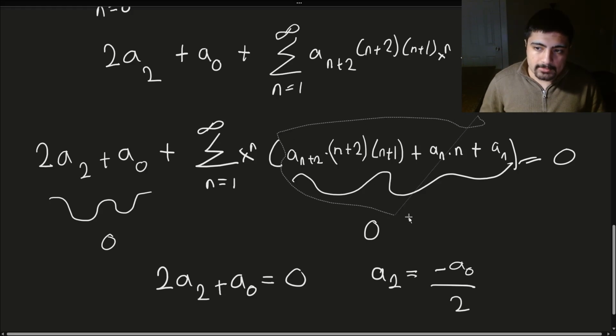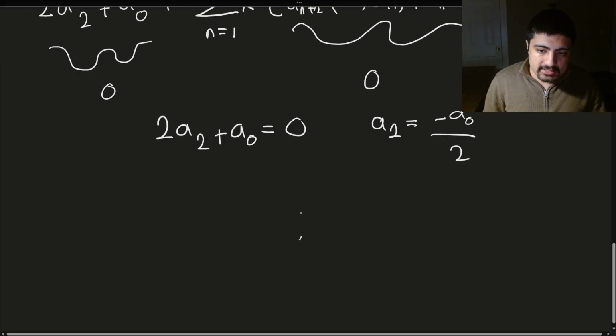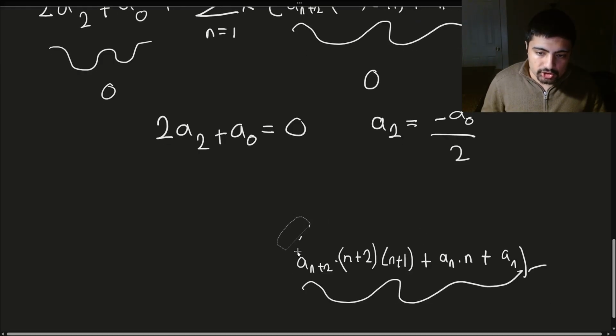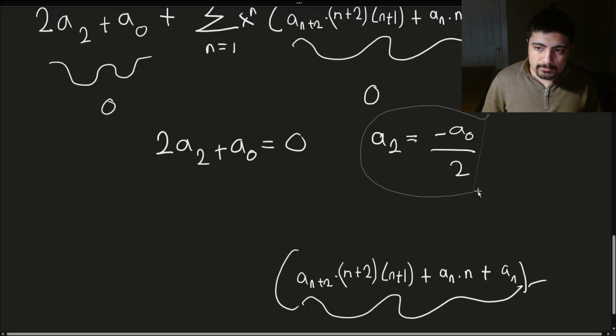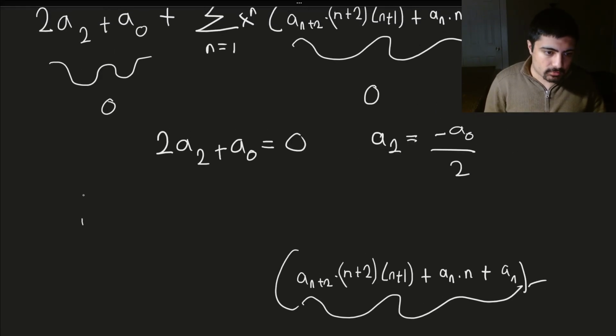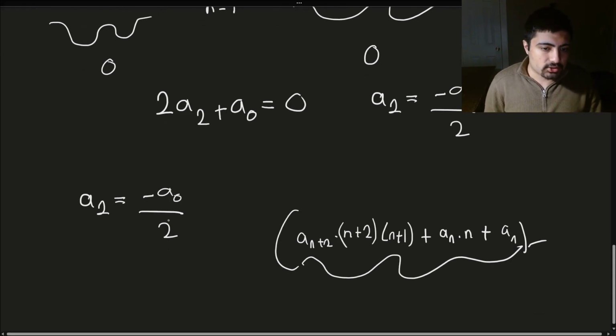The second statement is that this inside should be equal to 0 as well. So just keep in mind that this has to be working. a2 must have a relationship with a0 such as this fraction.